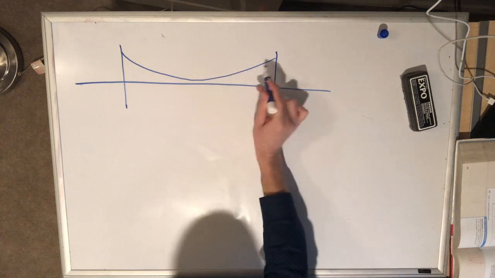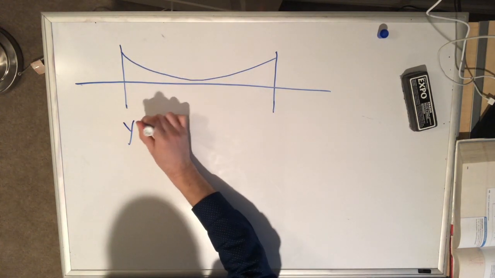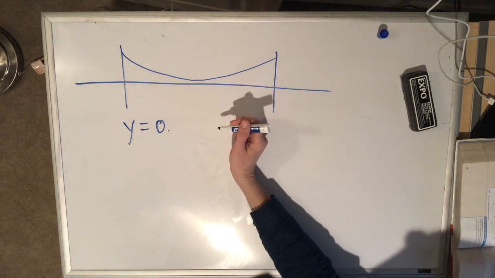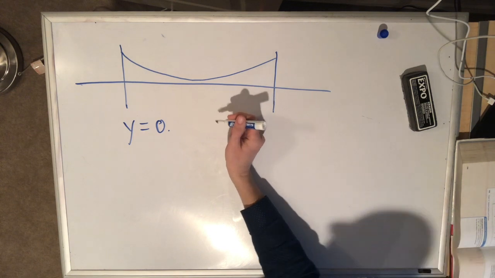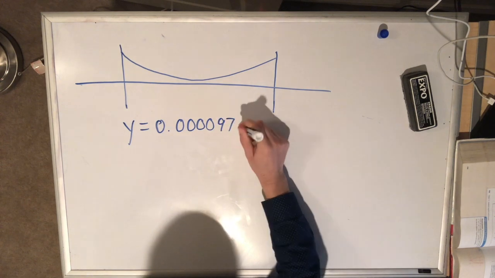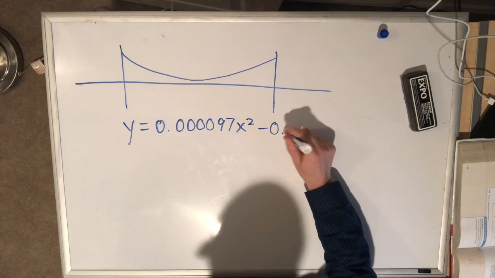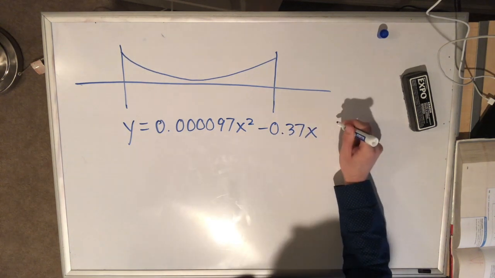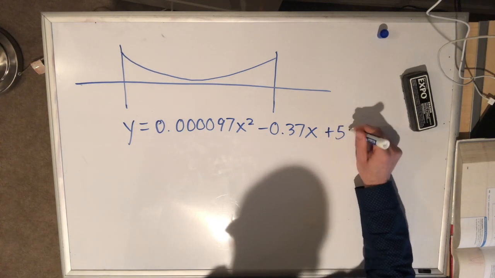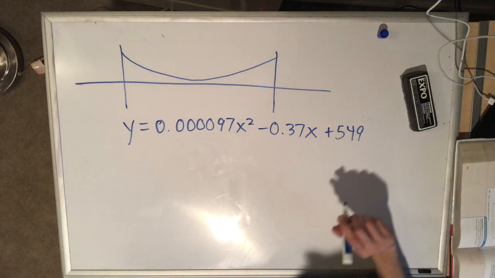This parabola, the suspension cables, can be modeled by the function y equals 0.000097x squared minus 0.37x plus 549, and x and y are measured in feet.